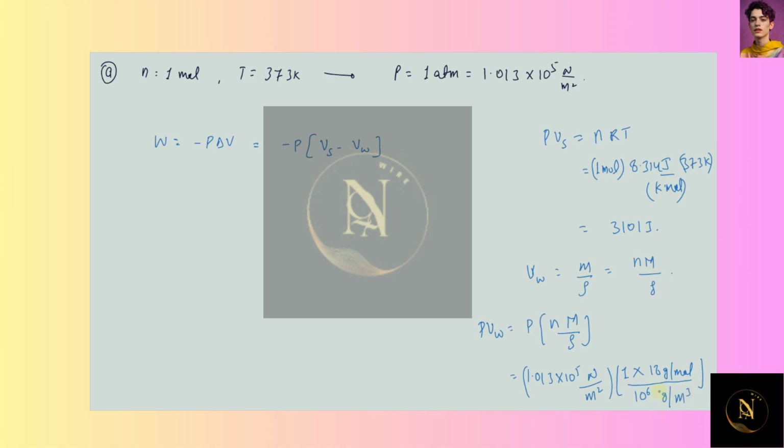We have to take the density in grams so that it can be cancelled out. So finally we'll get the value of P V_w after solving as 1.82 joule.